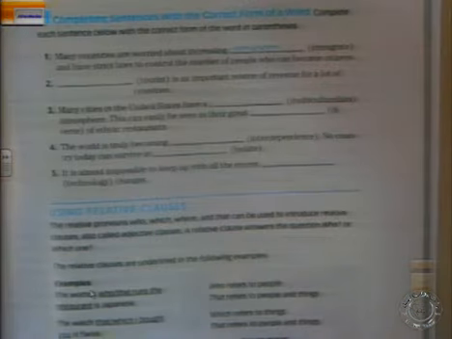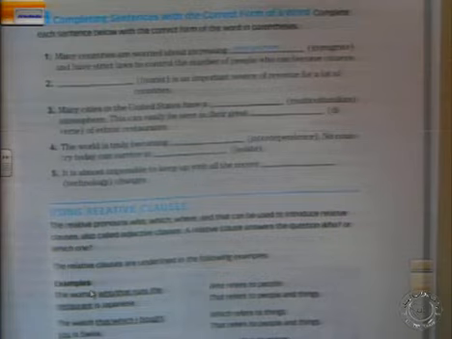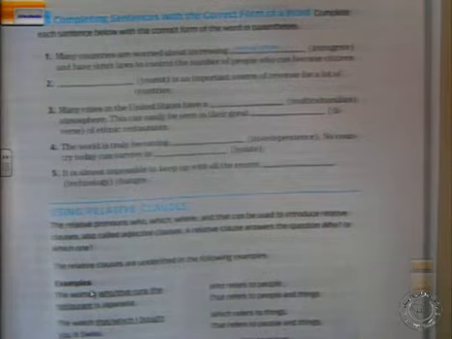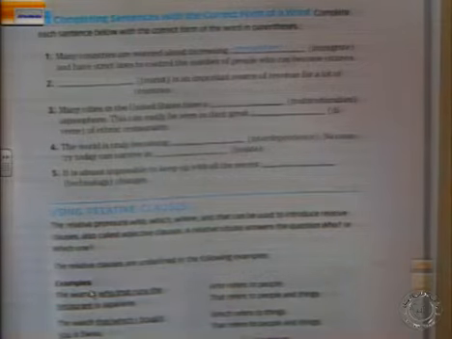The first one says, many countries are worried about increasing. We have the verb immigrate between parentheses. Here we need a noun. So here we can say immigration. The noun from the verb immigrate is immigration.